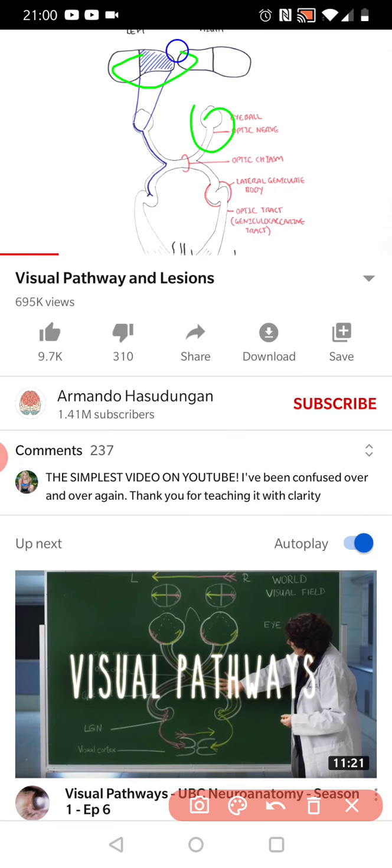This is what we can see. And now he is explaining where the information about this object is going.